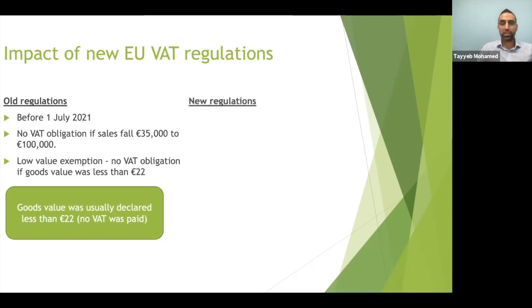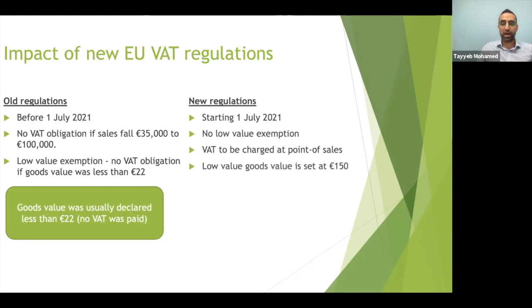However, what has changed is after 1st July, the low value exemption threshold is eliminated, which means there is no longer a 22 euros threshold applicable. As long as you are selling into EU, VAT would be applicable to you.